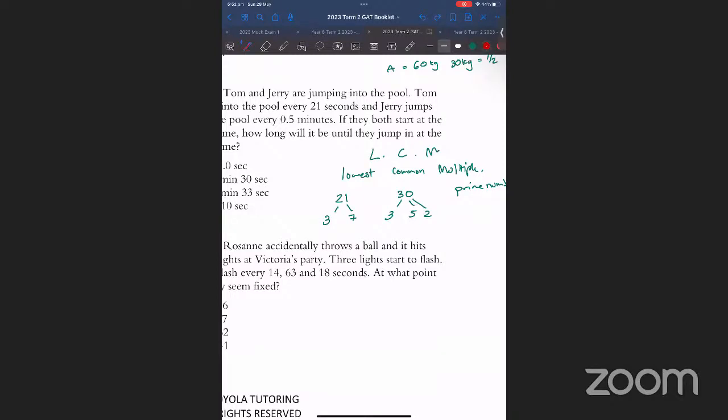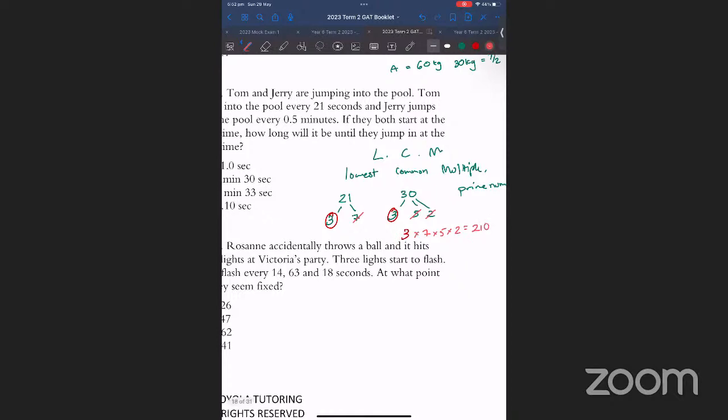So we circle it, 3 and 3, and we only include it once. Then we have 7, we cross that out, and we multiply by 7. We have 5, we cross that out, we multiply by 5. And we have 2, we cross that out, and we multiply by 2. And you get 21 multiplied by 10, which is 210, which is the same as 3 minutes, I believe, and 30 seconds.